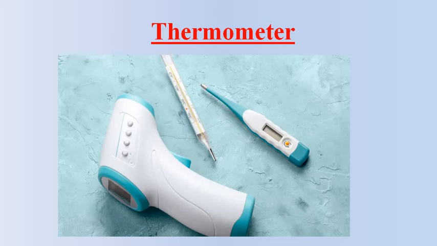A thermometer has two important elements: a temperature sensor, in which some change occurs with a change in temperature, and some means of converting this change into a numerical value. This image is thermometer. T-H-E-R-M-O-M-E-T-E-R, thermometer.